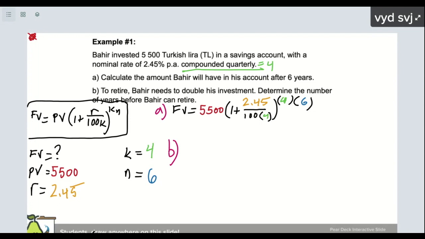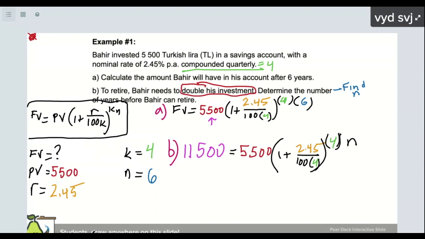Now he wants to double his investment. Determine the number of years. So now we're finding n, starting with this. So double that, and I'll get this. Now that's my future value equals, and to do this now, we're going to solve for n.